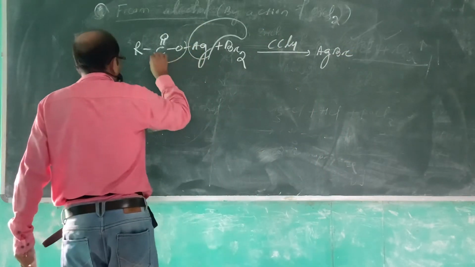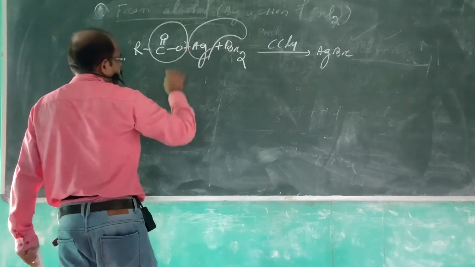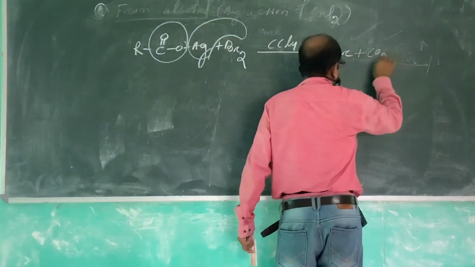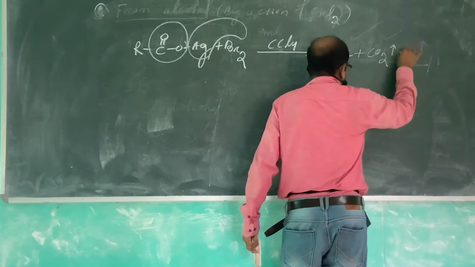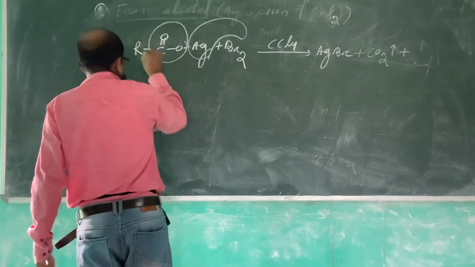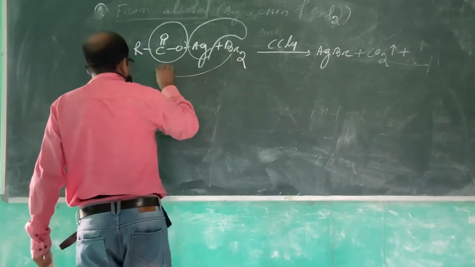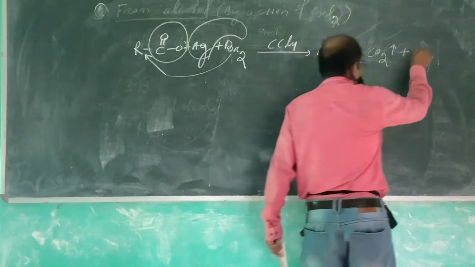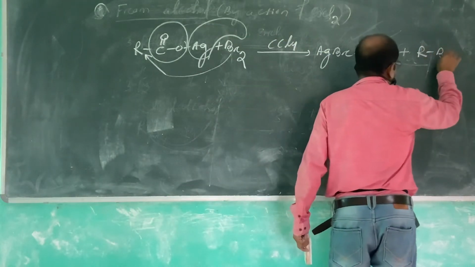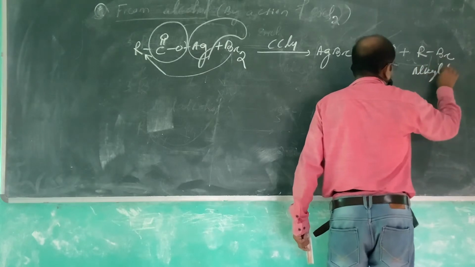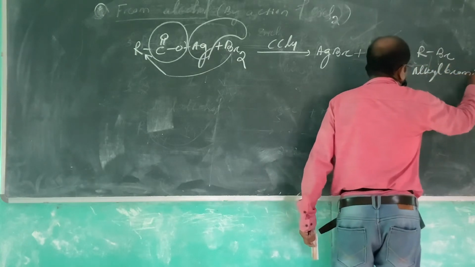CO2 is removed in the form of carbon dioxide, plus we get RBr, alkyl bromide.